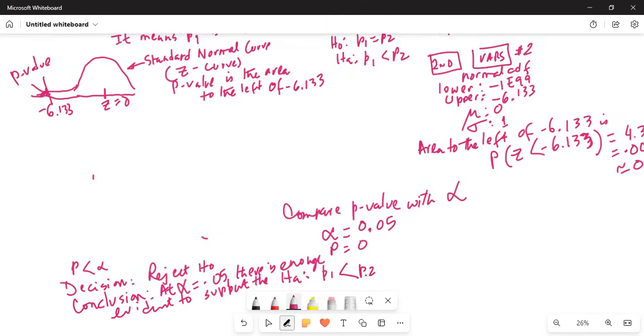And that is because the probability value of getting a test statistic as extreme as minus 6.133 is almost zero, which is less than the level of significance. Therefore, we reject the null hypothesis.